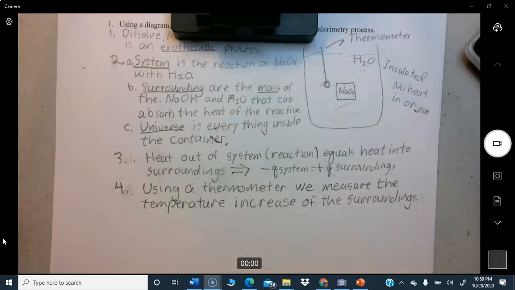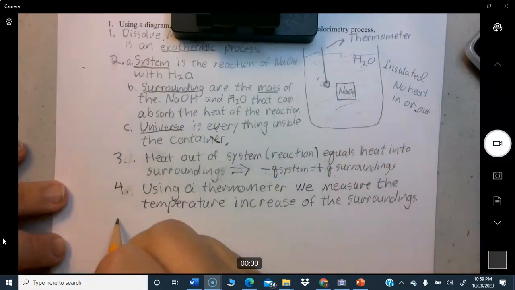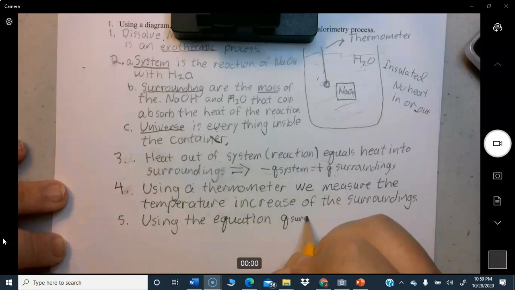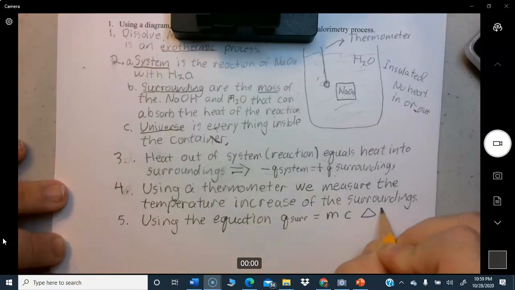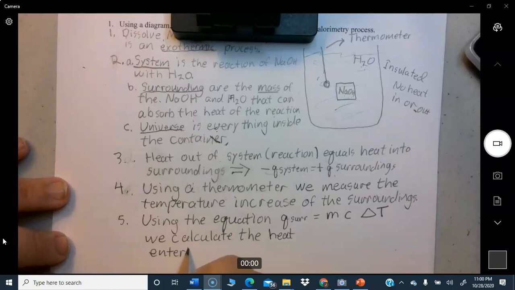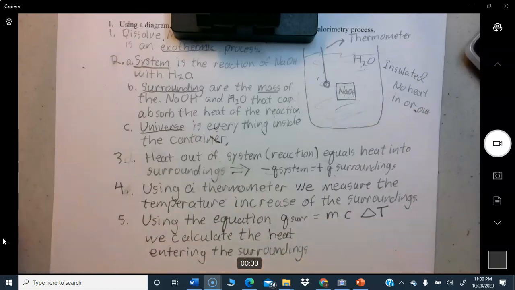Using a thermometer, we measure the temperature increase from that heat going out into the water, and that's the temperature increase of the surroundings.